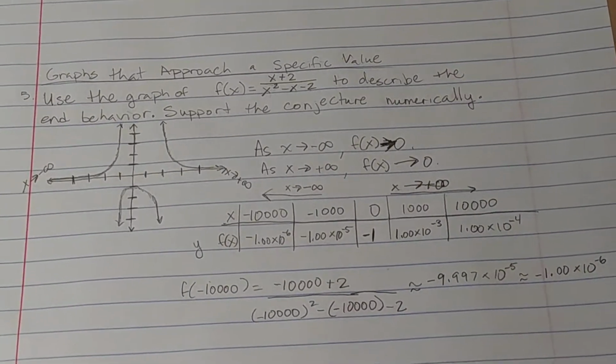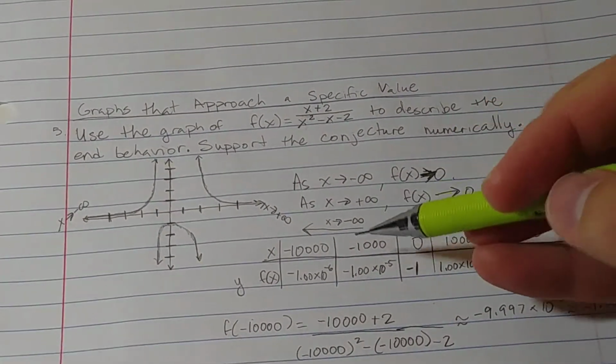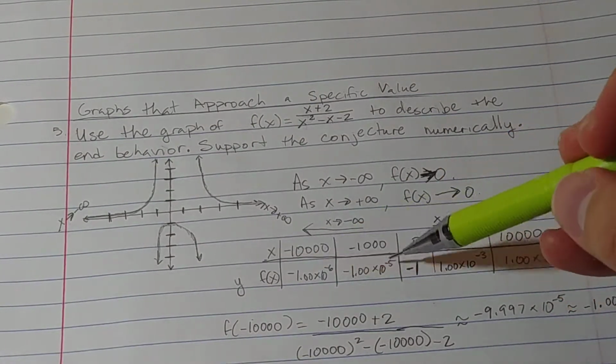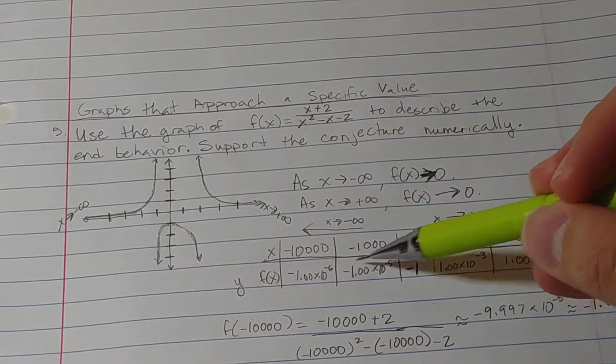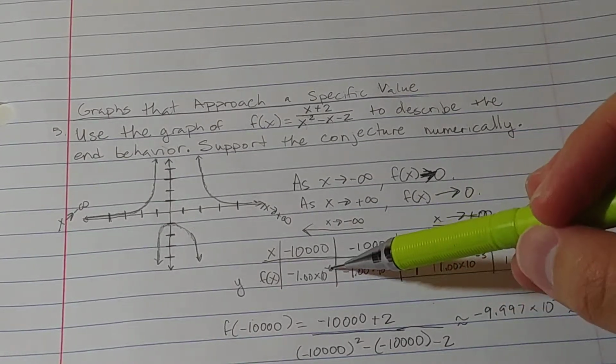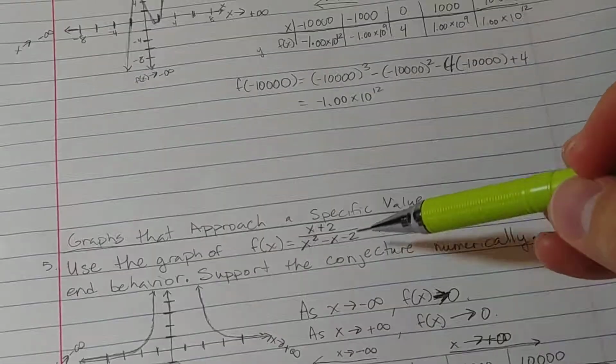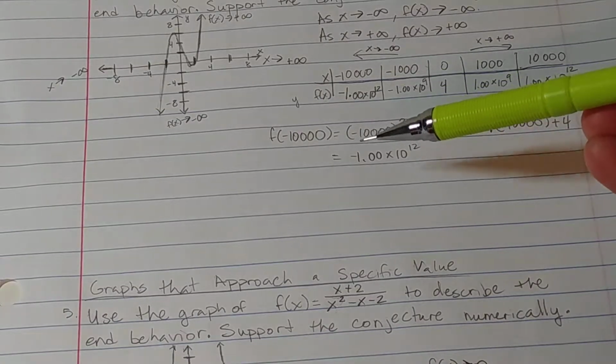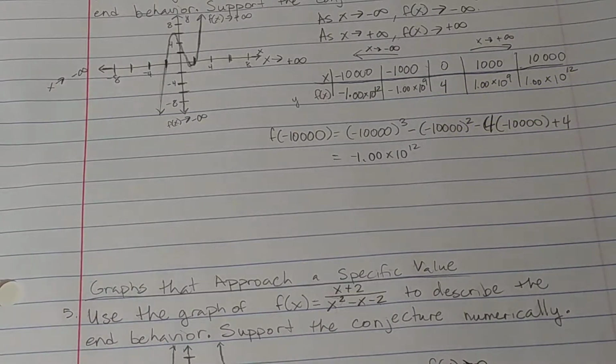And there we have it. As it goes to the left, as x approaches negative infinity, look at the y, it keeps getting smaller and smaller. And notice that negative exponent. Remember here we had a positive exponent, which means it's approaching negative infinity.